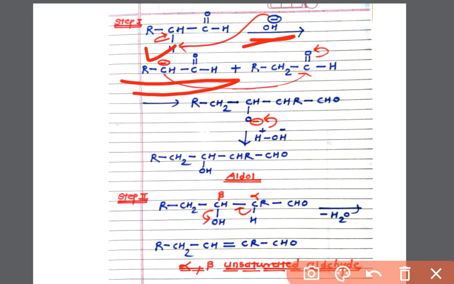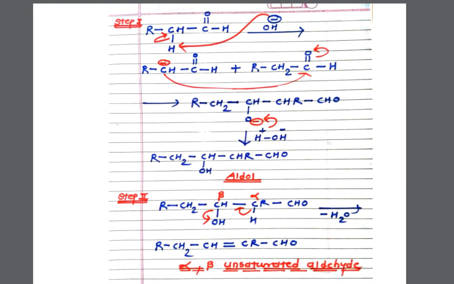Okay, so in the next step, it acts as nucleophile. Nucleophile means species which carries negative charge. So on this carbon negative charge is present, so it acts as nucleophile, and a second molecule of aldehyde now reacts with this nucleophile.